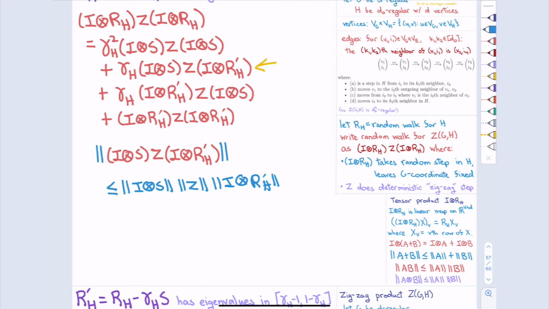This also describes some kind of random walk. It's a deterministic thing, but whatever. You start at one vertex, you end at one vertex. So this will also be bounded above by 1. Now this, we can do a little bit better than 1. Why? Maybe I can scroll down a little.